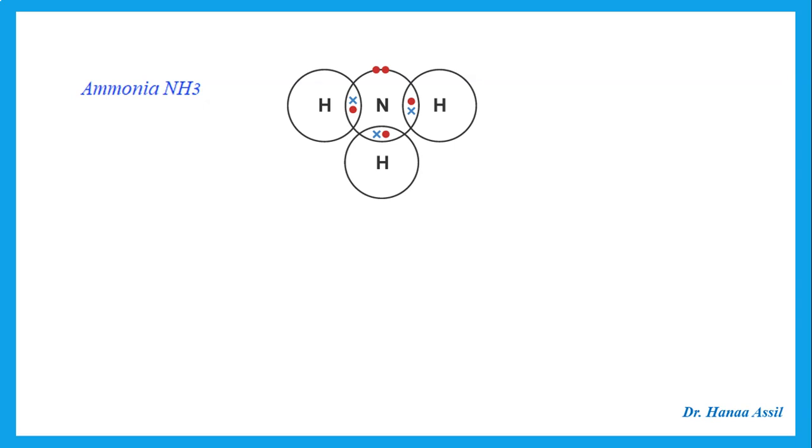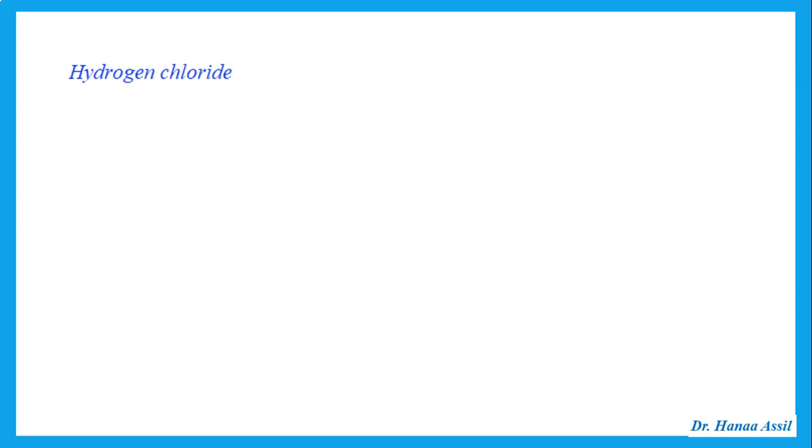Remember, the nitrogen had 5. It used up only 3 for sharing. It still has 2 electrons somewhere away from sharing. Do not put them between the nitrogen and the hydrogen, with circles or without circles. Please practice this. It's very important.